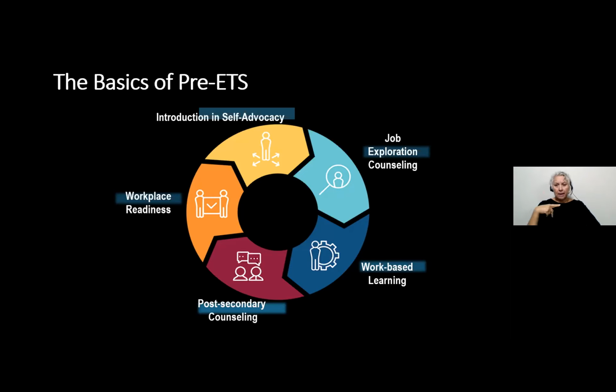Workplace readiness is one of my favorite areas because we can do a broad number of things in there. Workplace readiness can be how to fill out an application, how to write a good cover letter, how to get a resume together.